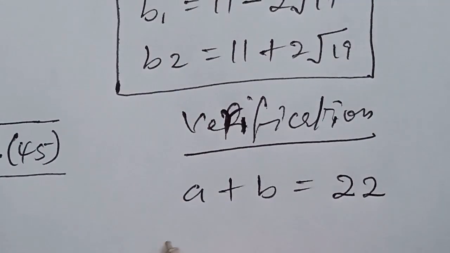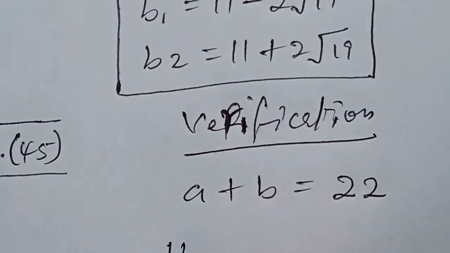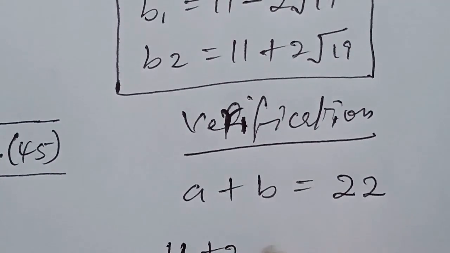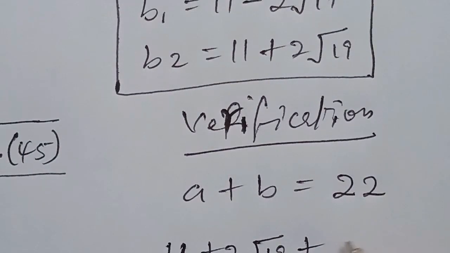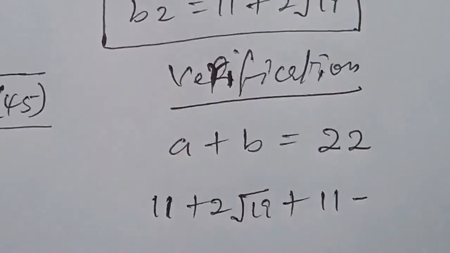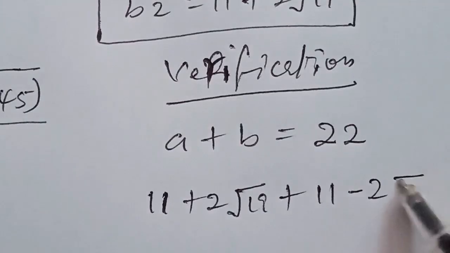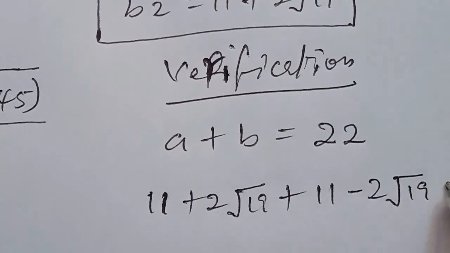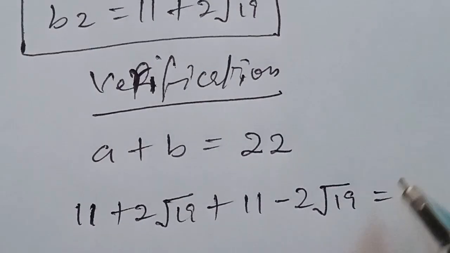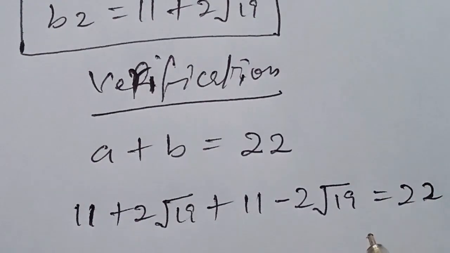So we apply that. a1, which is equal to 11 plus 2 square root of 19, plus b1, which is 11 minus 2 square root of 19, which is all equal to 22.